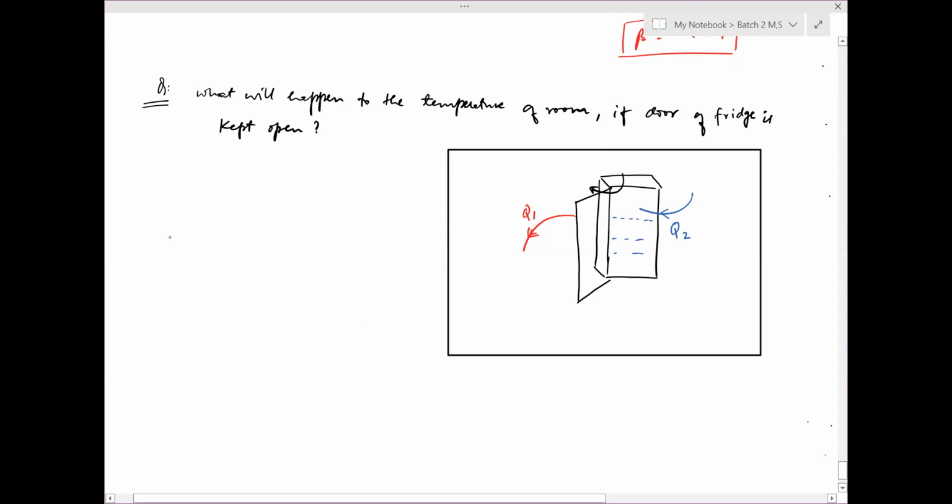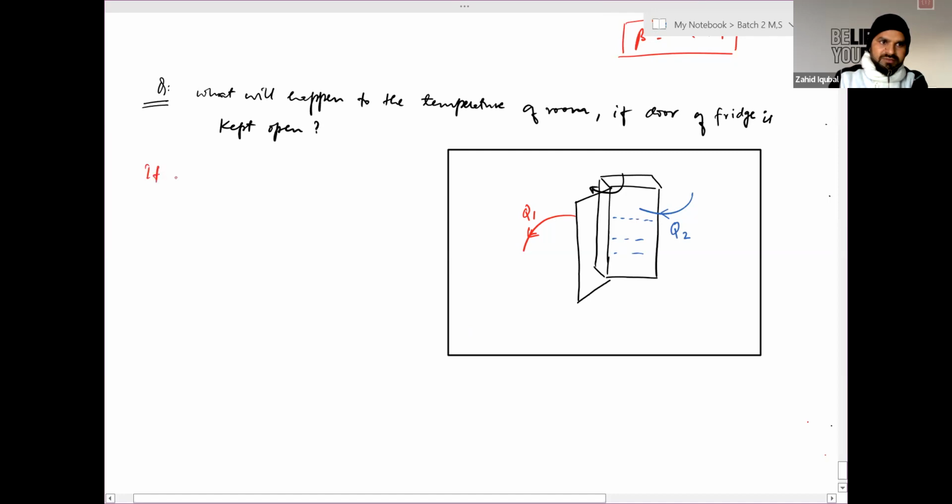Yes, sir. So from this part, we can say: if the door of the fridge is kept open, the cabin and room will become a common system.